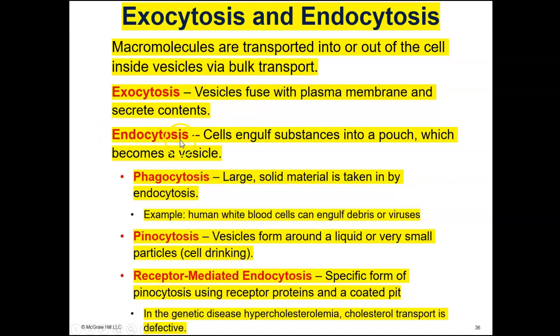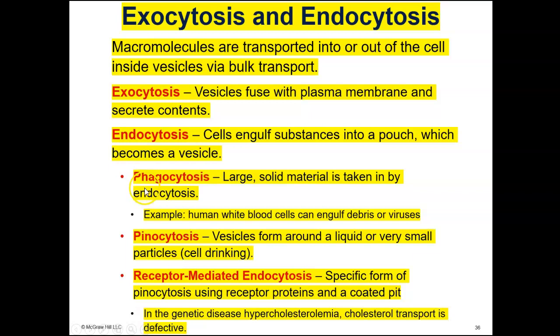In exocytosis, a bulk amount of material leaves the cell when the vesicle fuses with the plasma membrane and secretes its contents outside the cell. Endocytosis is opposite. That is when a cell engulfs a bulk amount of material or substance into a pouch, and that pouch pinches off and becomes a vesicle, and that causes the plasma membrane to become smaller because it removes a small portion of the plasma membrane. Depending on the type of endocytosis, there are 3 different names for it.